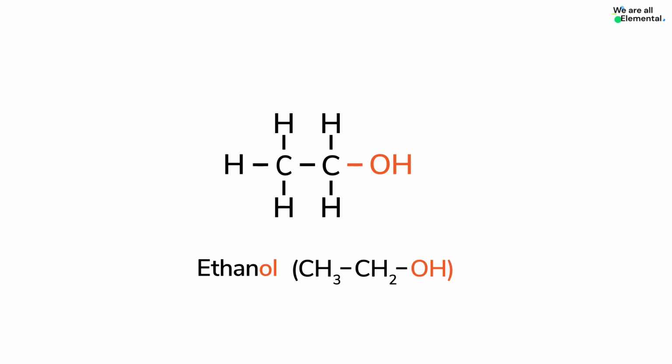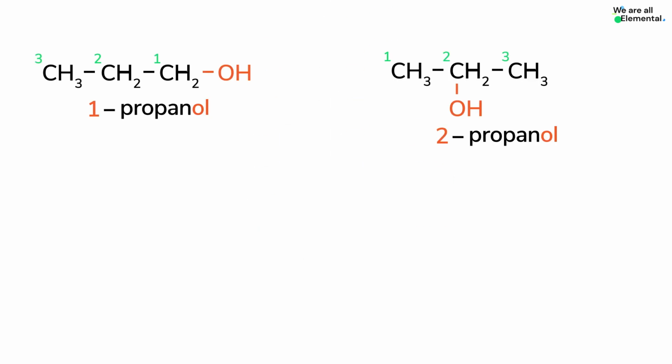And again, the E of ethane is replaced by OL. In higher alcohols, the position of the hydroxy group can change along the carbon chain. The lowest number is given to the position of the alcohol group. For example, you have 1-propanol and 2-propanol.